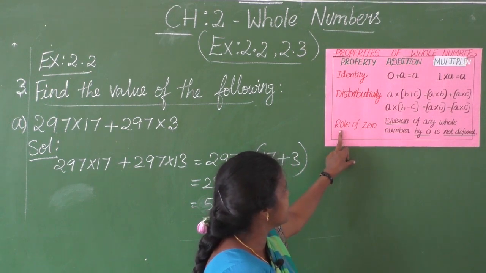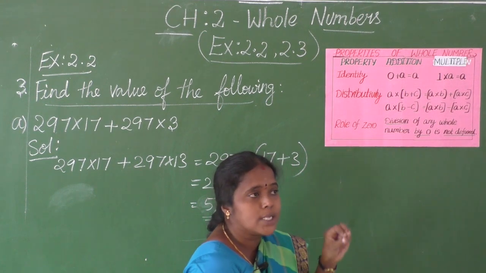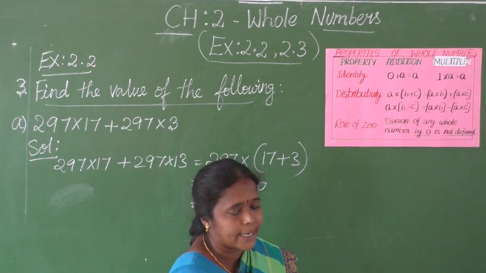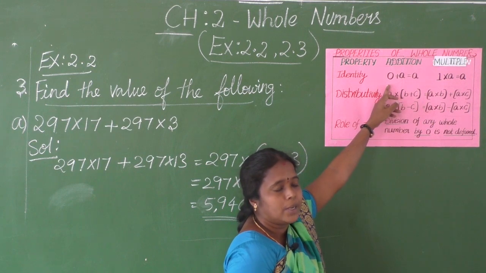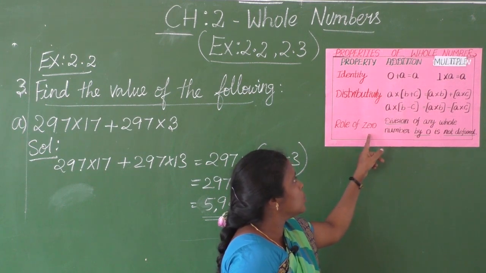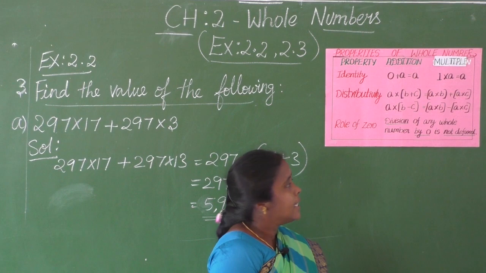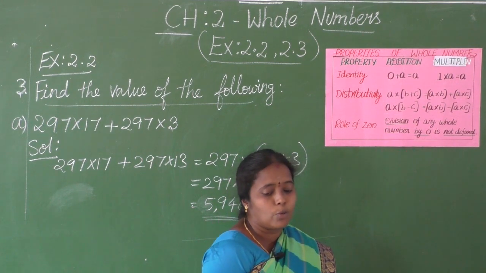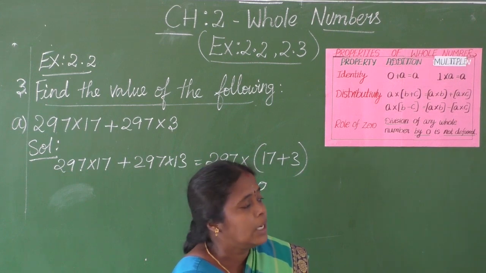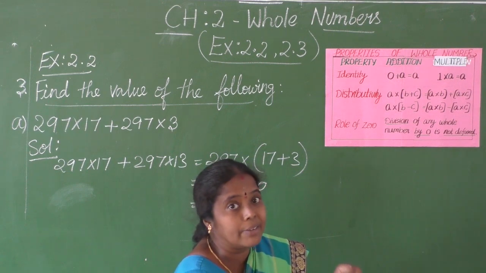Next property is role of 0. About 0 we are going to see again. Additive identity wise we have talked about 0. Again we are going to talk about 0 under division. Division of any whole number by 0 is not defined. Very important topic regarding the division operation.